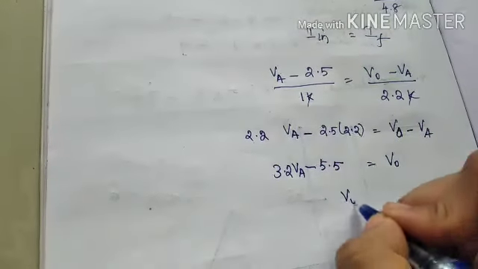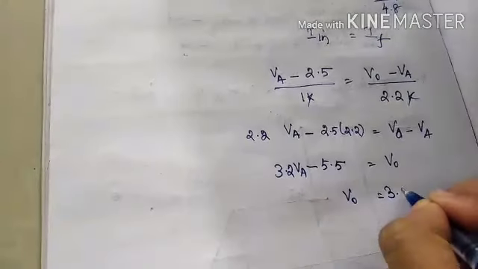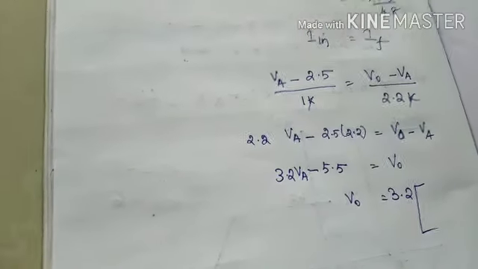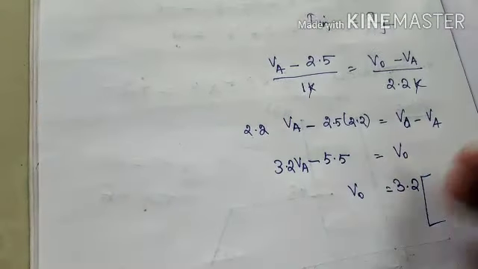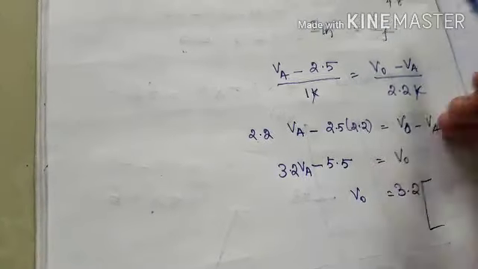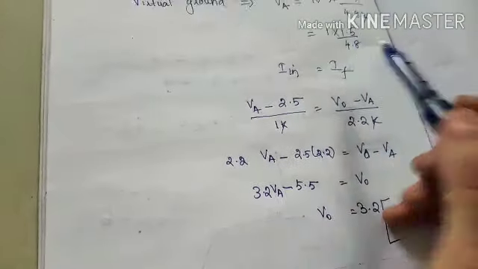Now V0 is equal to 3.2 into VA minus 5.5, where VA is 1.5 by 4.8.